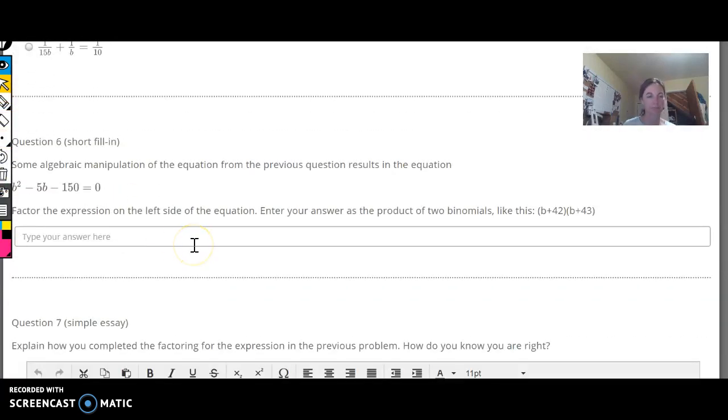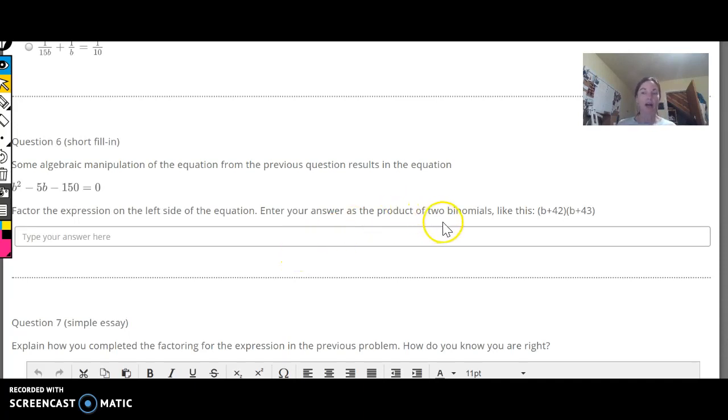Question 6. Some algebraic manipulation of the equation from above gives us this equation, b squared minus 5b minus 150 equals 0. So we need to factor this just like we've been doing. Okay, so we need two numbers. When we multiply them together, they give us 150, and when we add them together, they give us a negative 5.